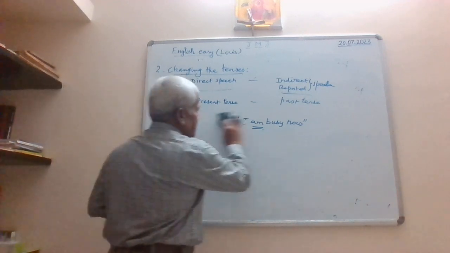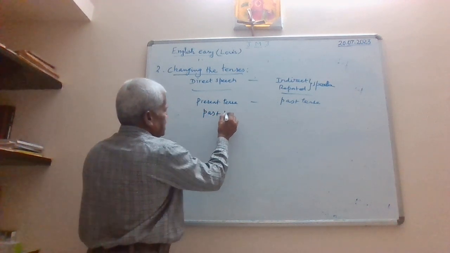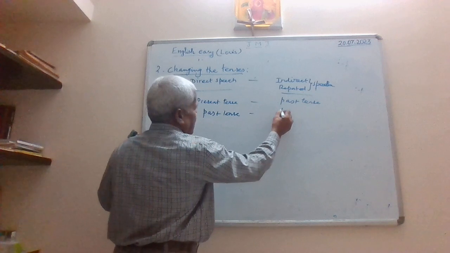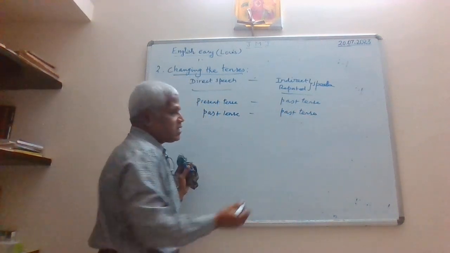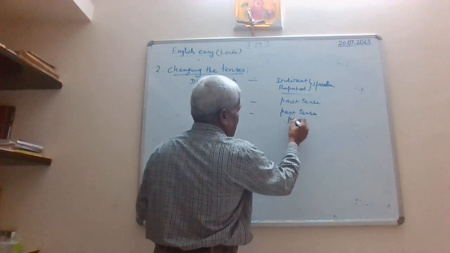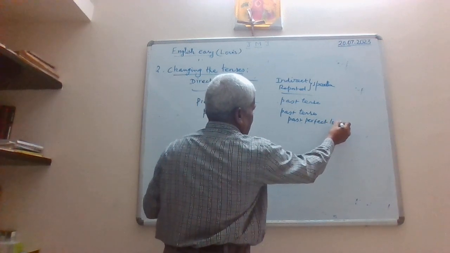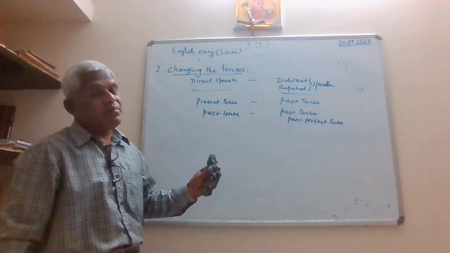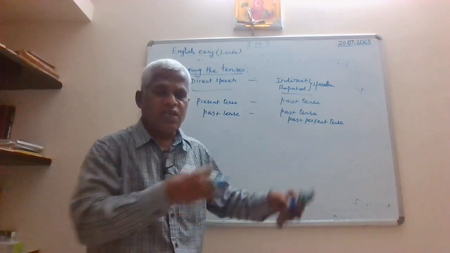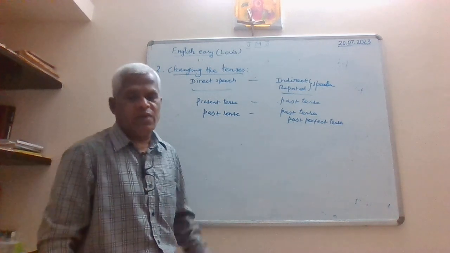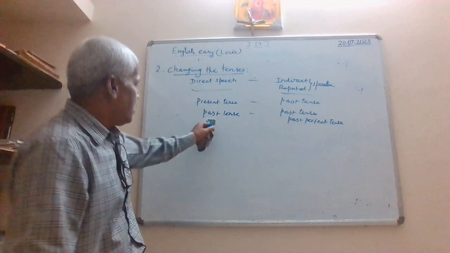And past tense will remain as past tense, and at times it can be changed into past perfect tense. That will depend upon the nature of the sentence. I will talk to you about that when we discuss changing direct speech to indirect speech in statements in different tenses. Let me come back to that afterward.